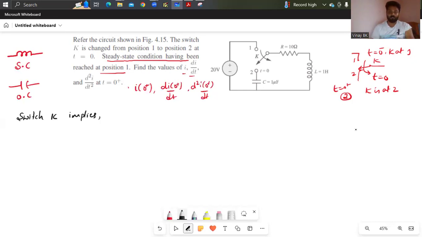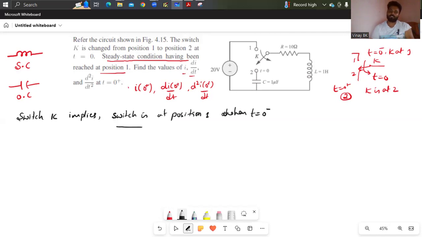So that is nothing but the switch is at position 1 when t equals 0 minus.